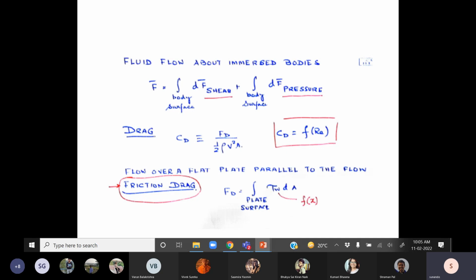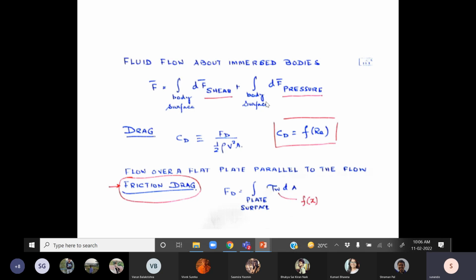We'll see. So when we talk about fluid flow through immersed bodies, there are obviously some shear forces which are going to act. The immersed body is going to experience some force due to shear and some force due to pressure. Both are forces acting on the body surface, even though the surfaces in those two cases are different.